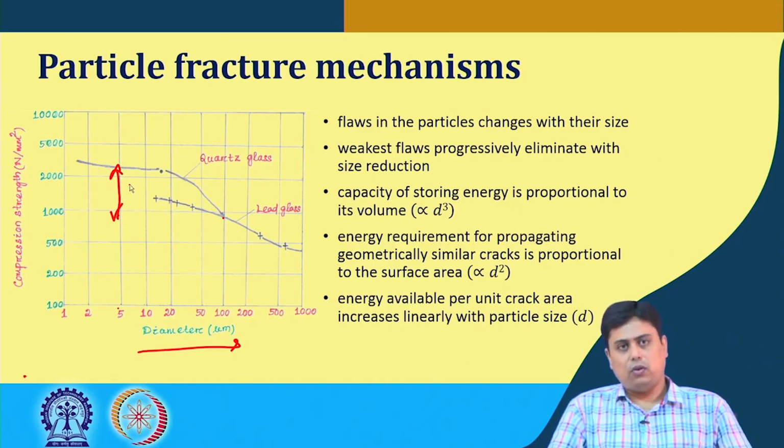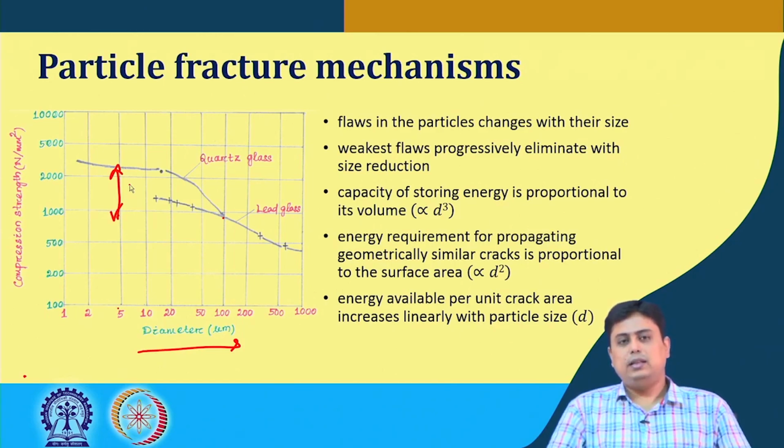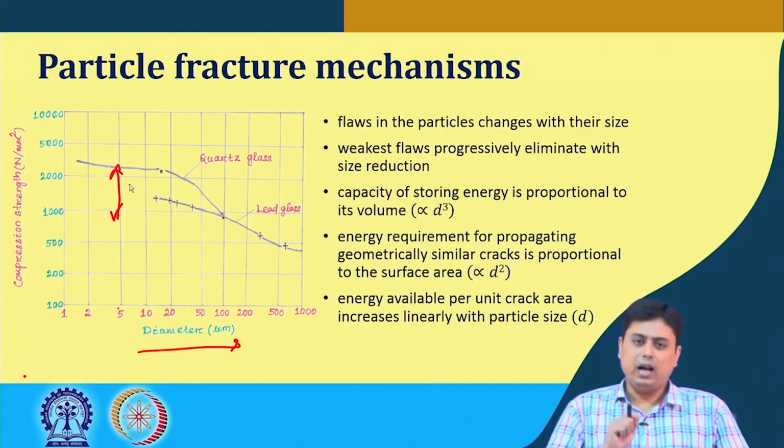The weakest flaws are progressively eliminated with size reduction. The most vulnerable parts are eliminated as the size is reduced to finer sizes, and that is why finer particles are very hard to break into even finer particles.